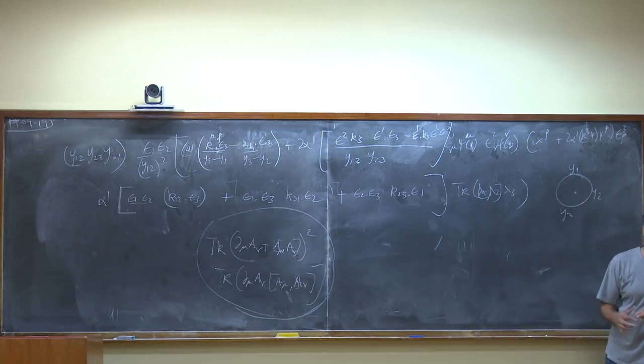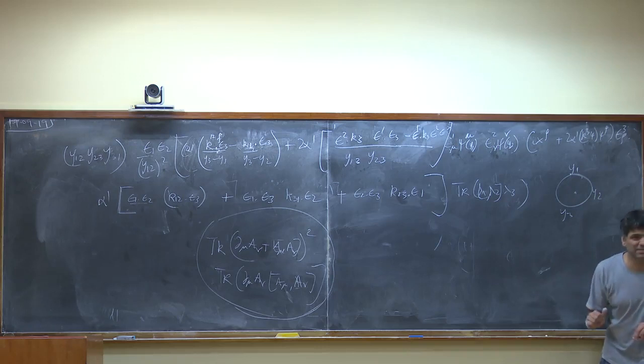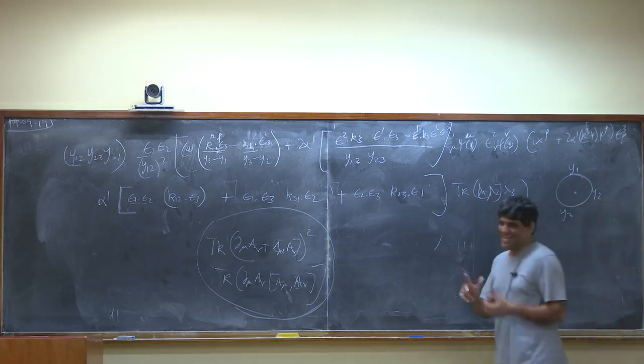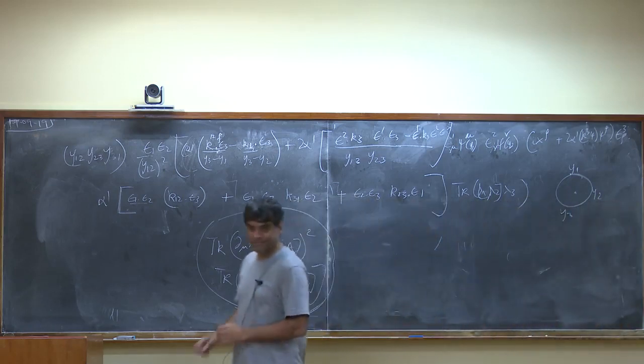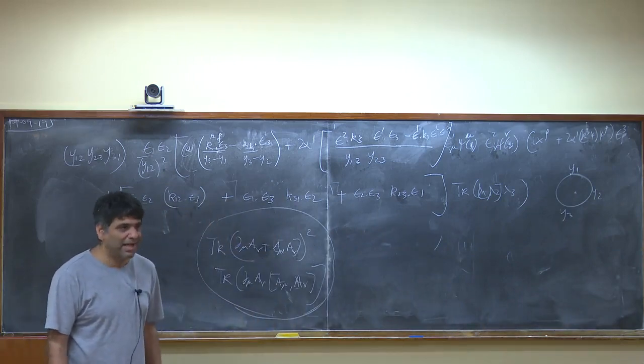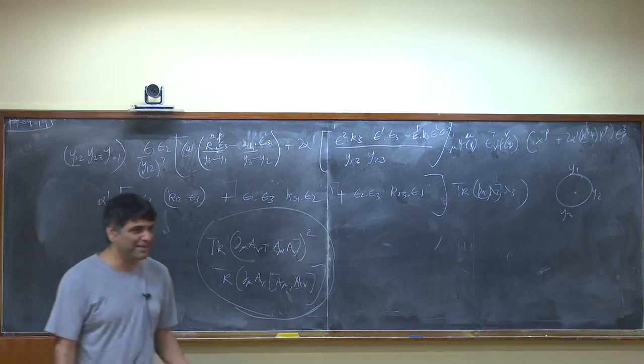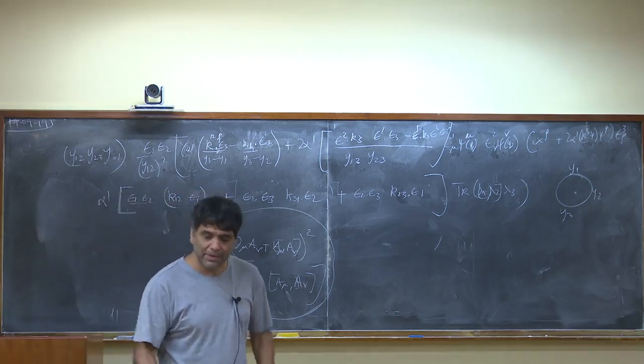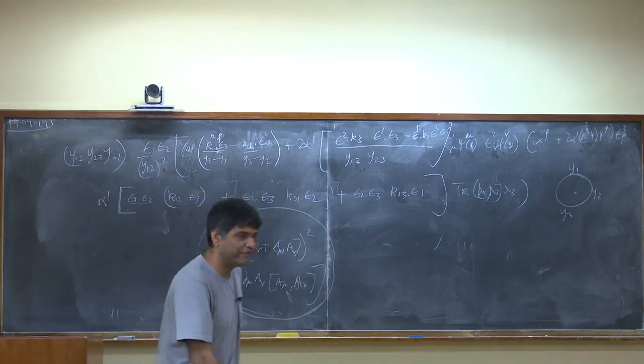Because as we've repeatedly discussed in this course, 3-point functions are highly constrained by kinematics. Something that's more remarkable is, it turns out, and I'm not going to do the calculation in detail, I'll leave this for you as an exercise.